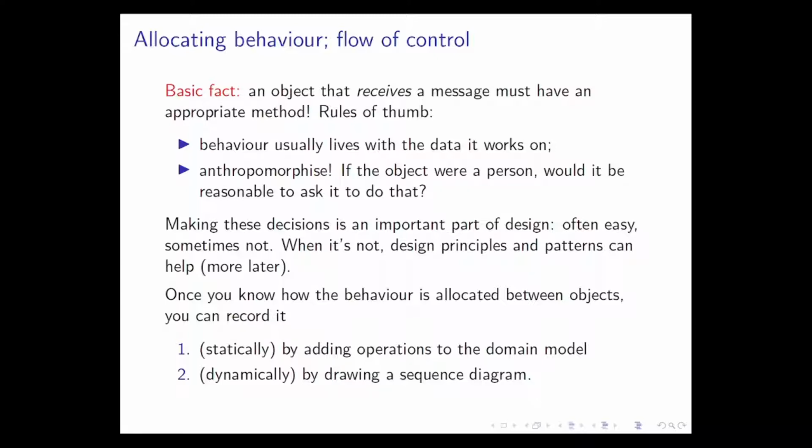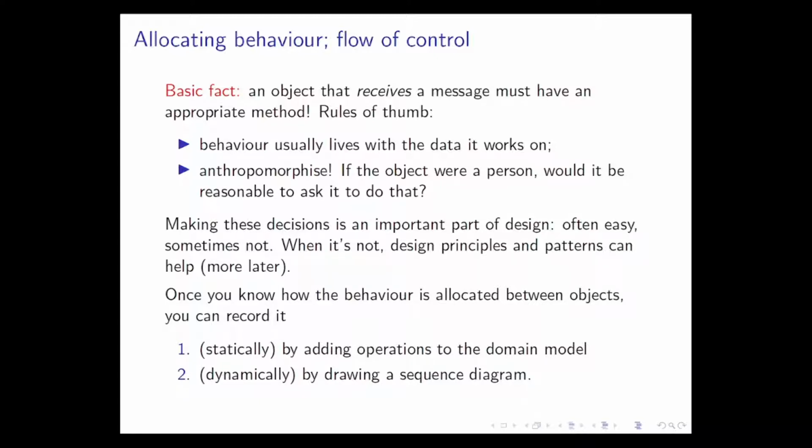So if I send a message to an object foo that says frobos yourself, then the object foo should actually understand how to frobos itself, which is to say that its class should contain a method frobos. Roughly speaking, that's the way to think about it.